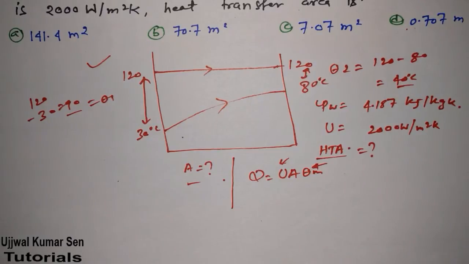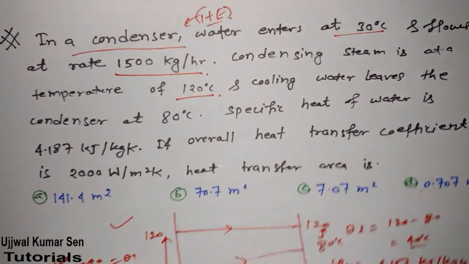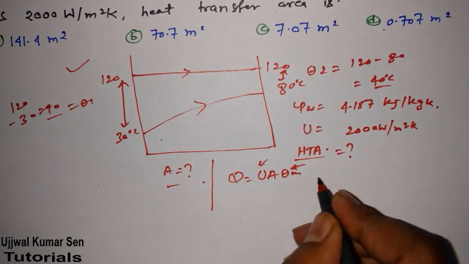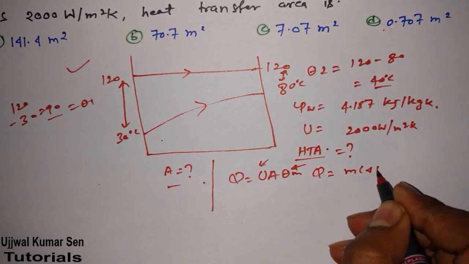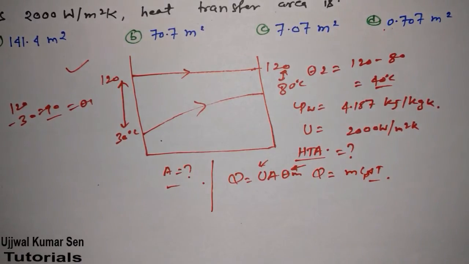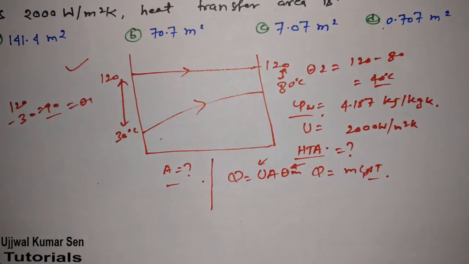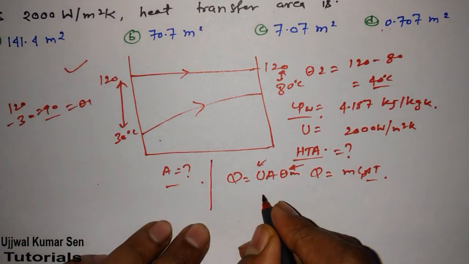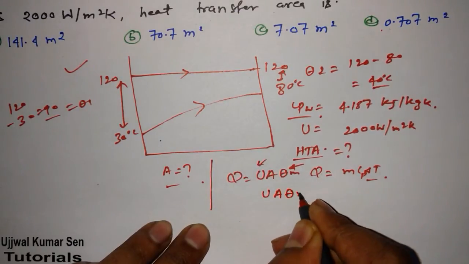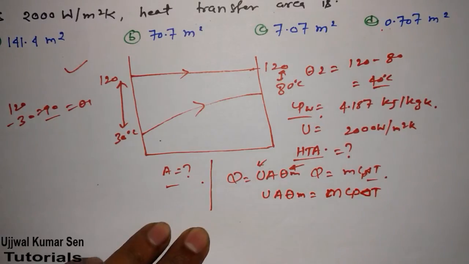But they have given the mass flow rate, and we know the relation Q is equal to mCp delta T. Since we are taking water, we take Cp of water. Now we can write UA theta m is equal to mCp delta T.